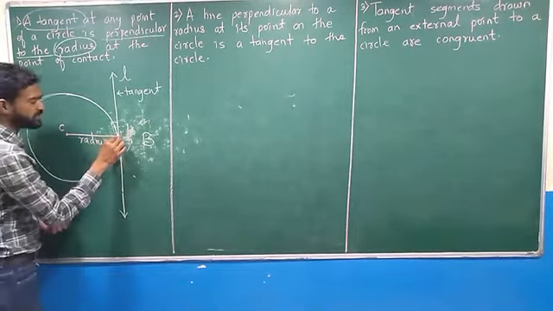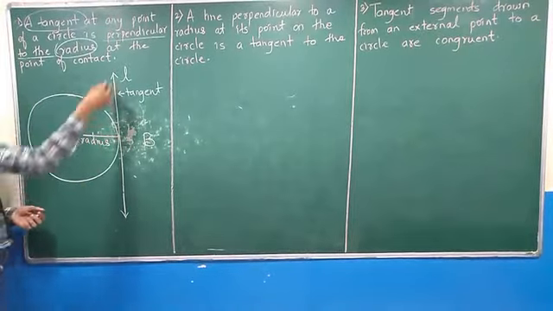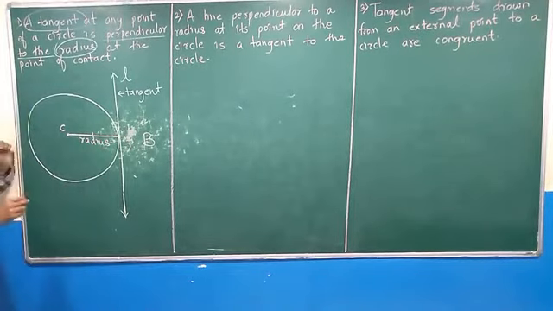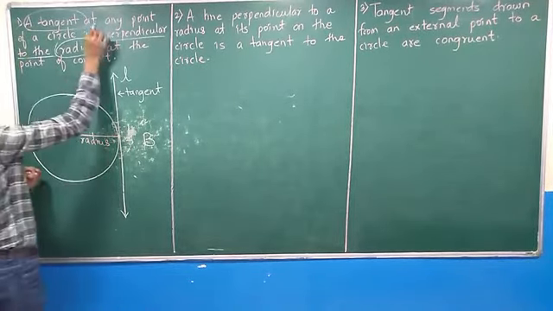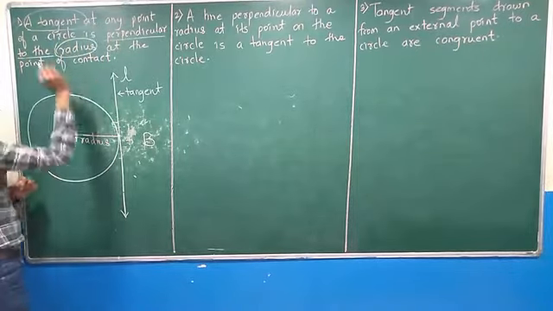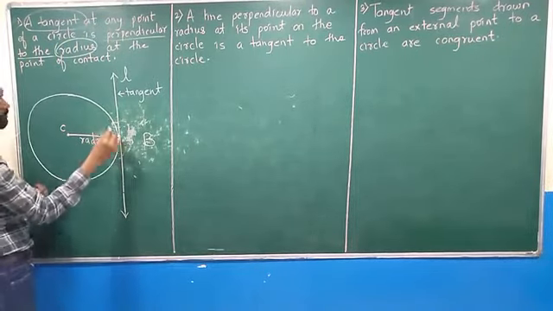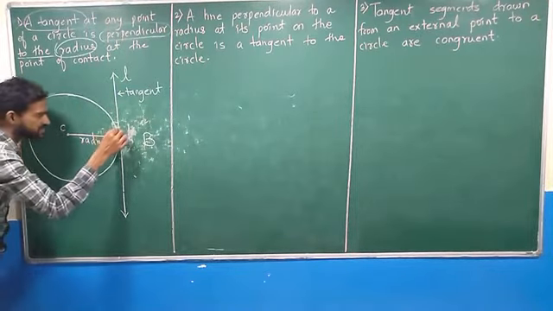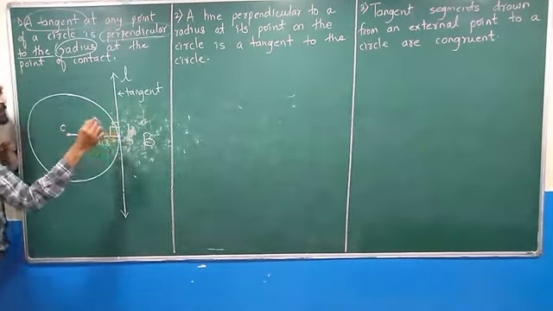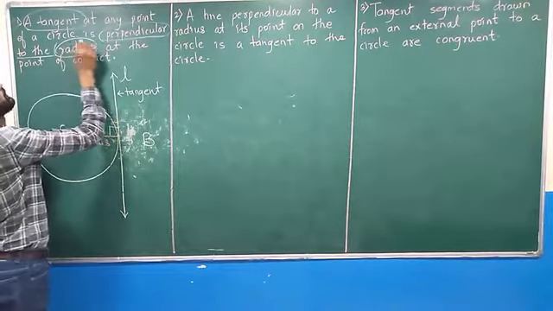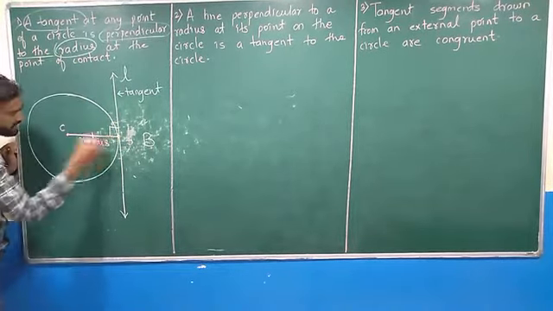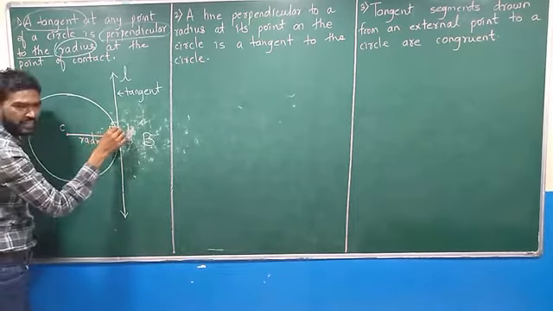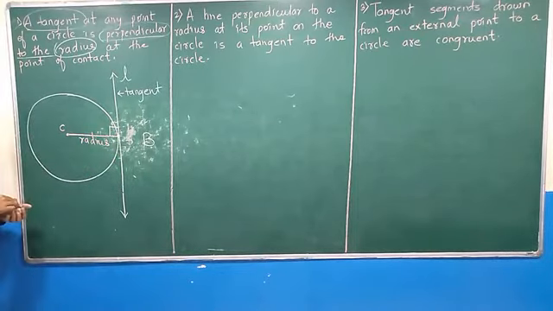And B is the point of contact. L is the tangent. So a tangent at any point B of a circle is perpendicular to whom? Perpendicular to the radius. So it makes a right angle with the radius.